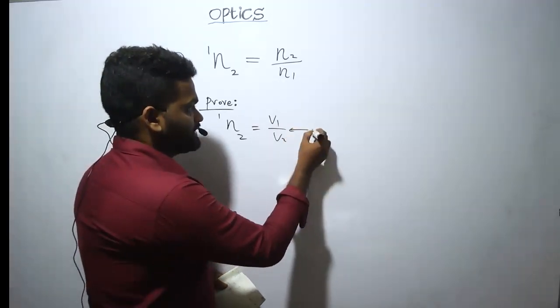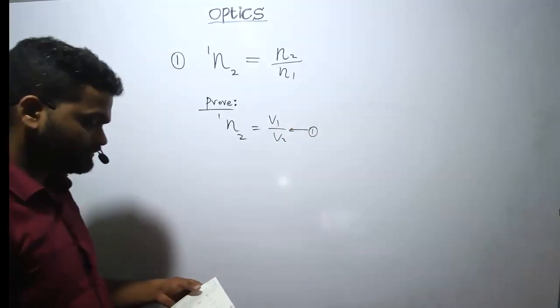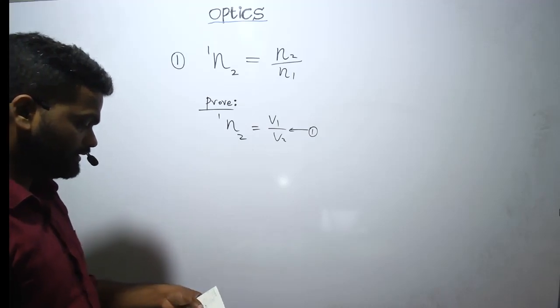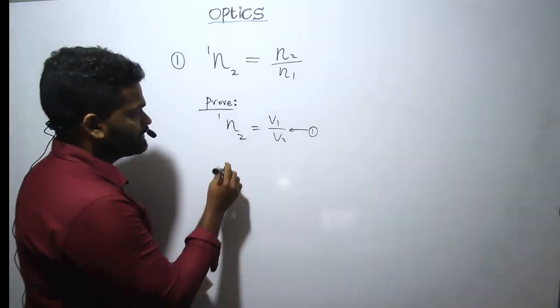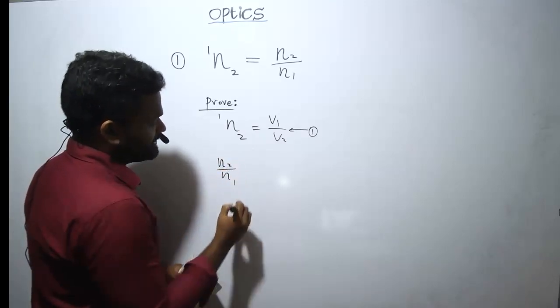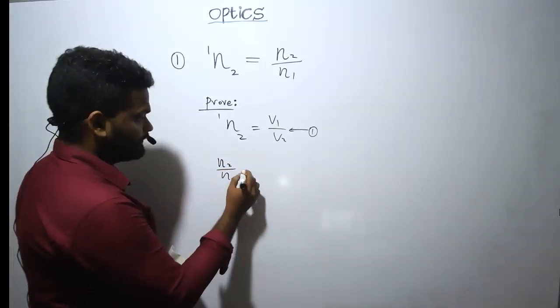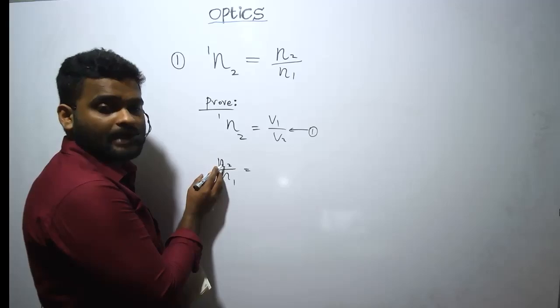So let's say this is the first equation. Then I'll write N2 divided by N1. These are absolute refractive indices, right?